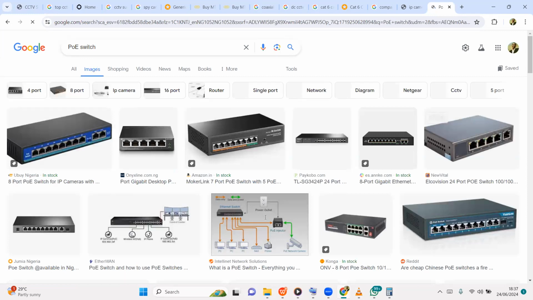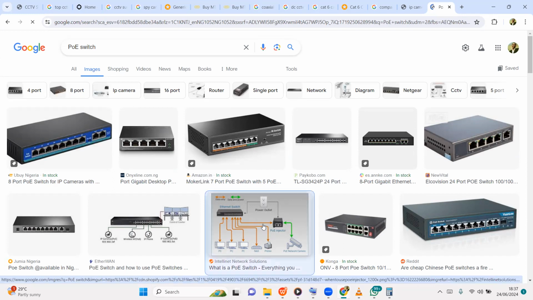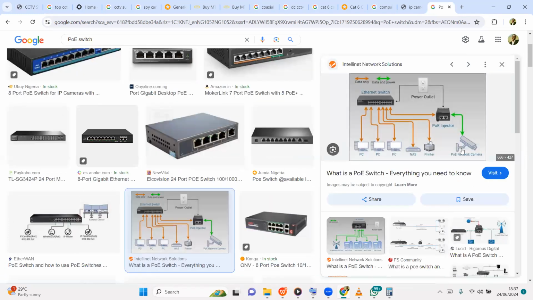So if you have an IP camera, it will just use one cable. It wouldn't need a separate data cable and a separate power cable, just one cable.